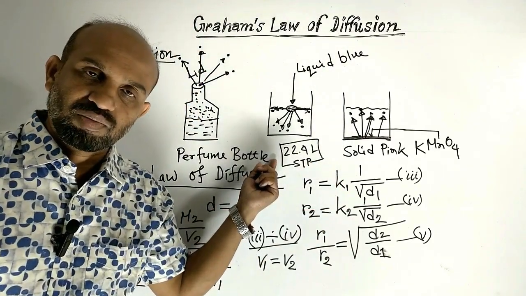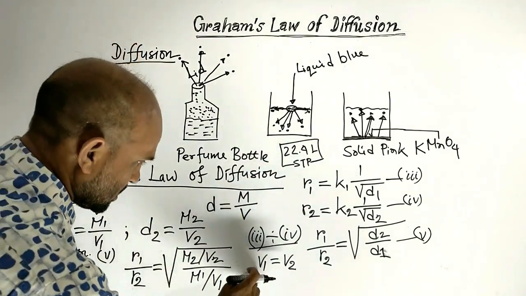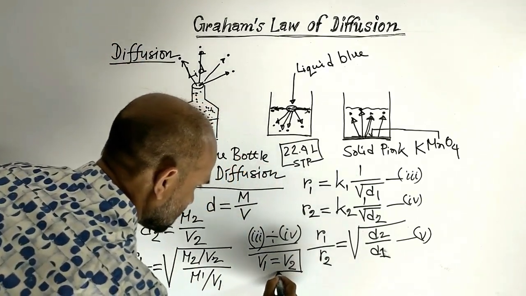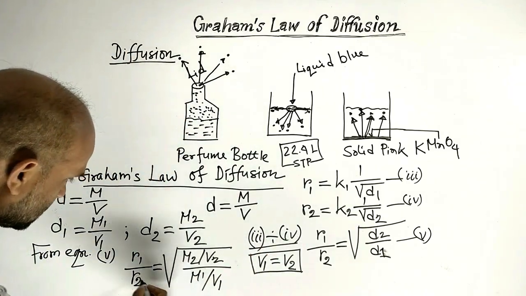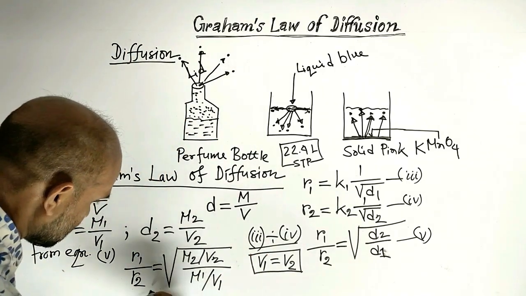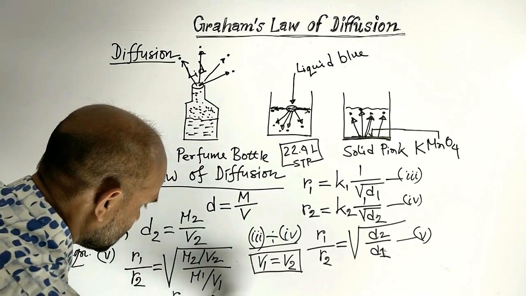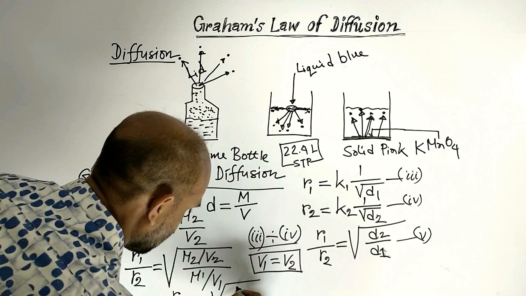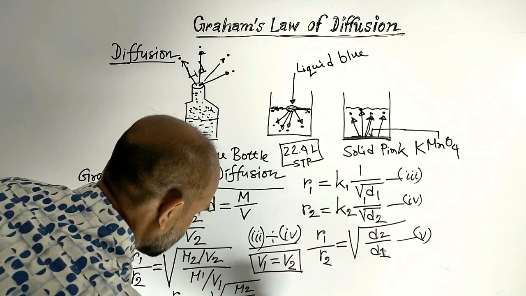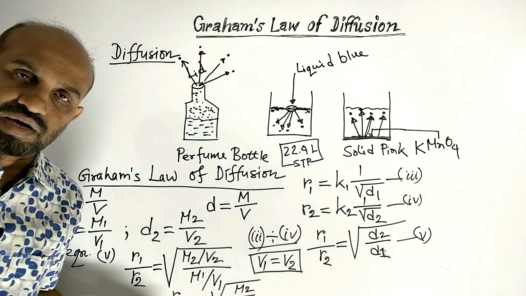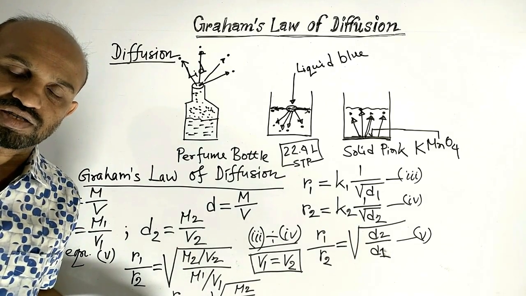So it is considered V1 is equal to V2. Then from this equation we can write R1 by R2 is equal to root over M2 by M1. This is another mathematical expression of Graham's law of diffusion.